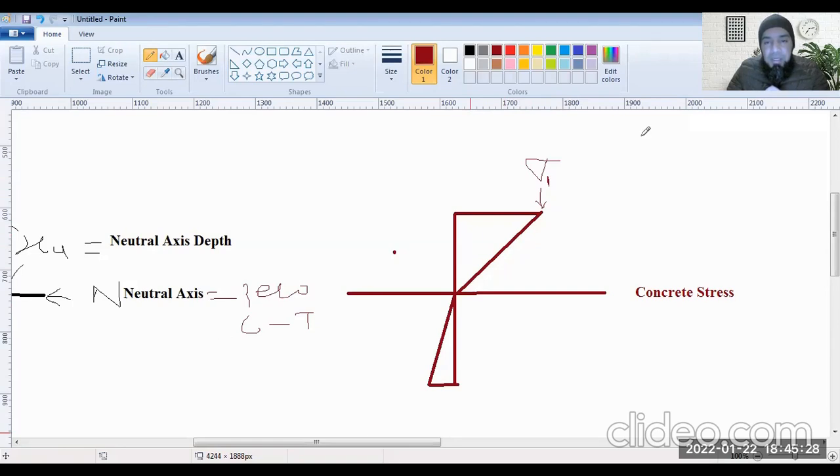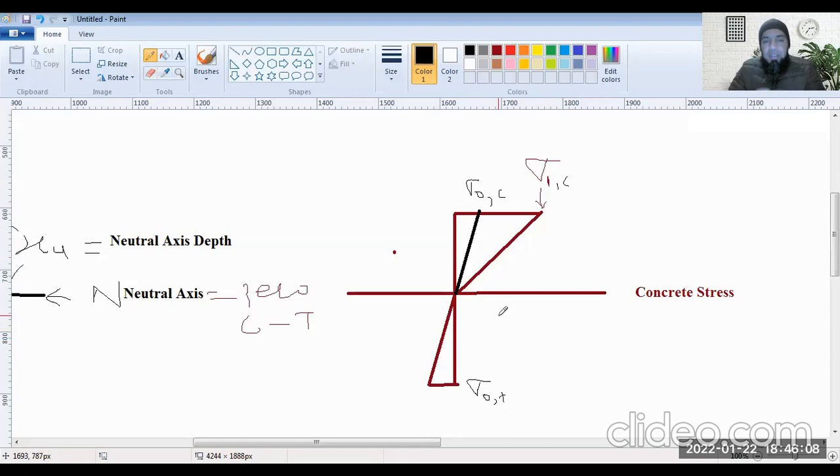Sigma 1 is the stress in concrete in compression at a particular point. If I extend the tensile behavior, there will be a point where this is sigma naught in tension, and this is sigma 1 in compression. So this sigma naught t would be reflected by similar triangles on the compression side as well.